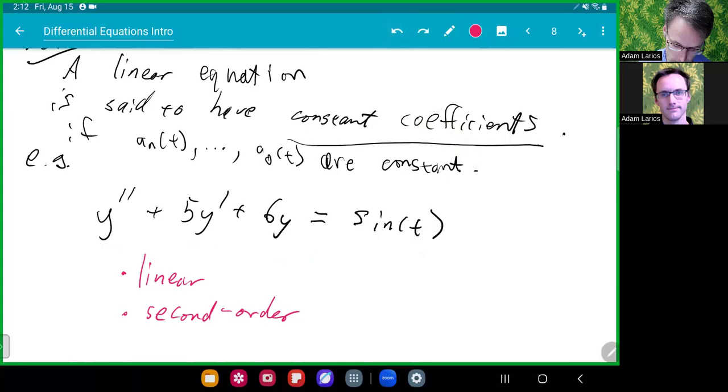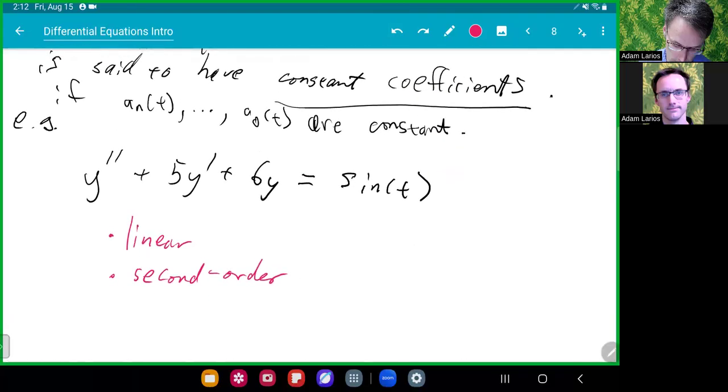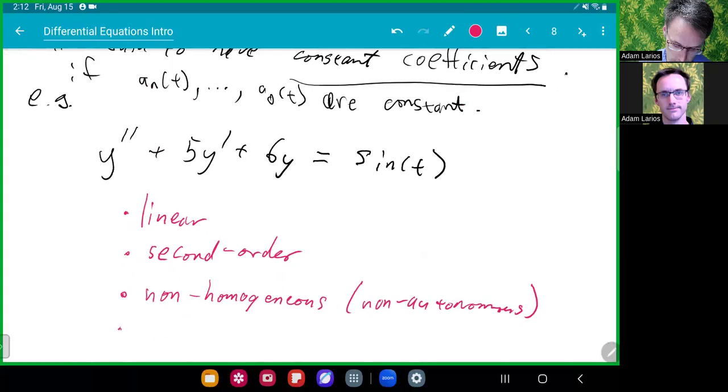We just have the linear combination of y and its derivatives. So this is a linear second order equation. It's non-homogeneous, and in particular, this makes it non-autonomous. But it does have constant coefficients.